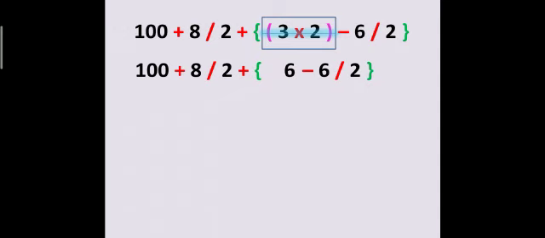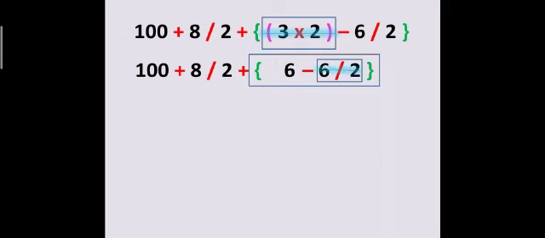The next kind of bracket is the brace bracket. In the brace bracket, we have two operations, namely subtraction and division. According to the BIDMAS rule, which operation do we have to solve first, subtraction or division? Yes, it is division. So first divide 6 by 2, the answer is 3.